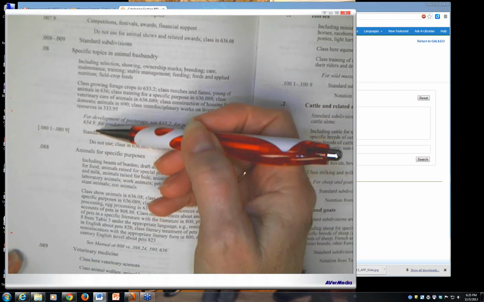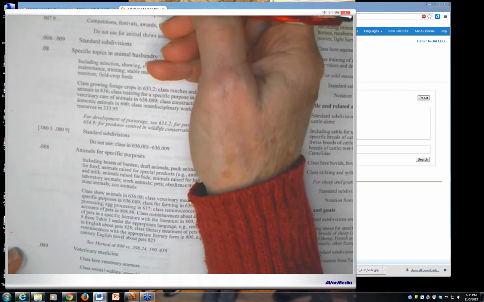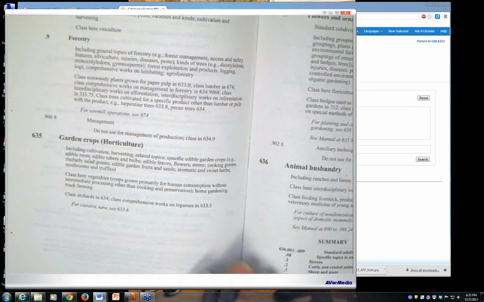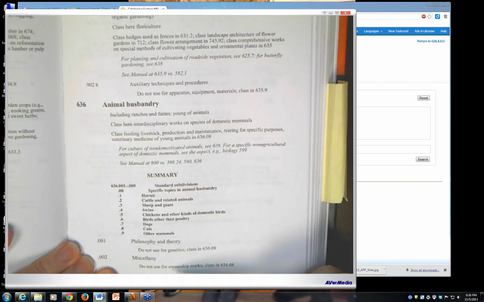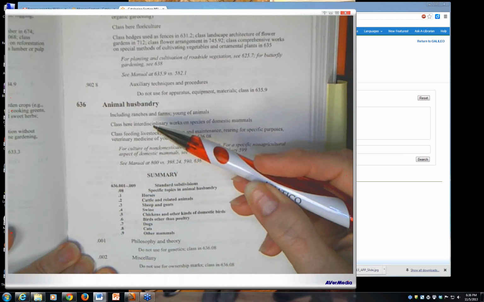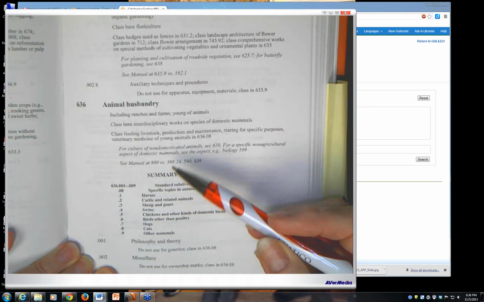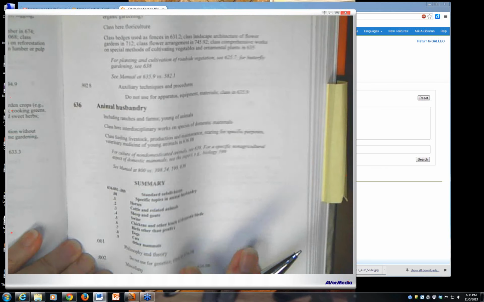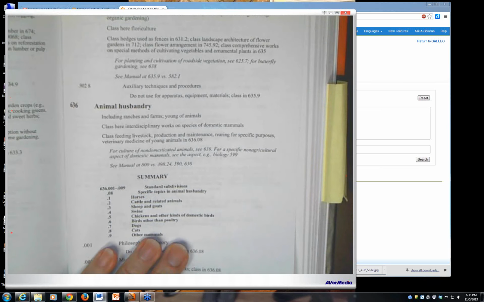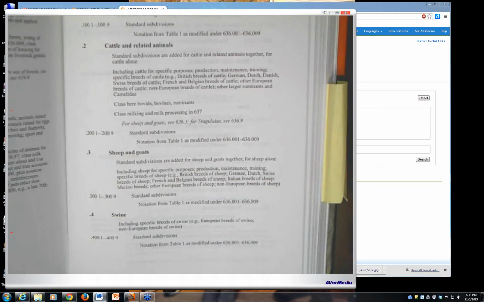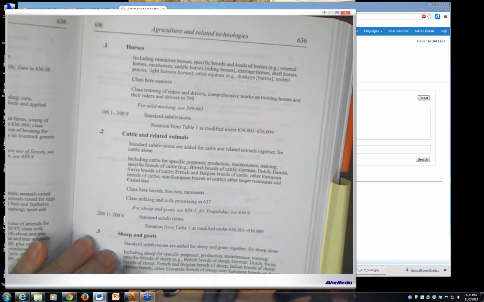So I'll look back up the schedules. I go all the way back up. I'm at 636. There is no table of preference telling me that I need to go by a preference order. So I go by citation order, what comes first in the citations.